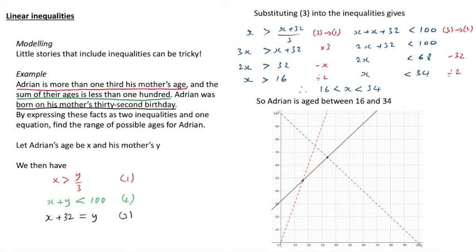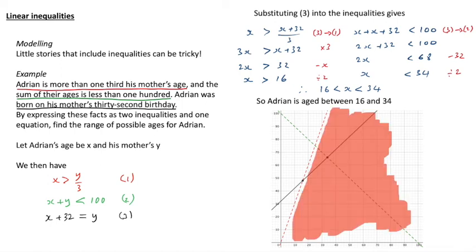The next thing we would do if we were solving it graphically is shade the bits we want, or shade the bits we don't want. As long as you're clear on what you're doing, it doesn't matter. So for the first one, x being greater than y over 3 means we need to be to the right of that line, so we'd shade that side in. And for the next one, x plus y being less than 100, we need to be on the left-hand side of that line.